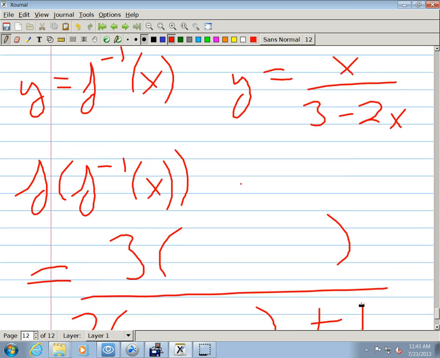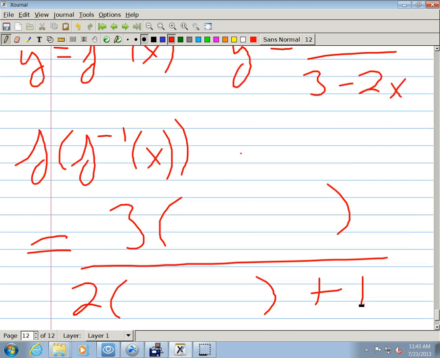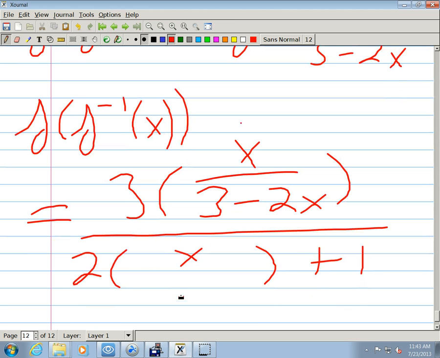But the stuff is the f inverse, which is x over 3 minus 2x. The question is, does this reduce, in fact, to just plain old x?